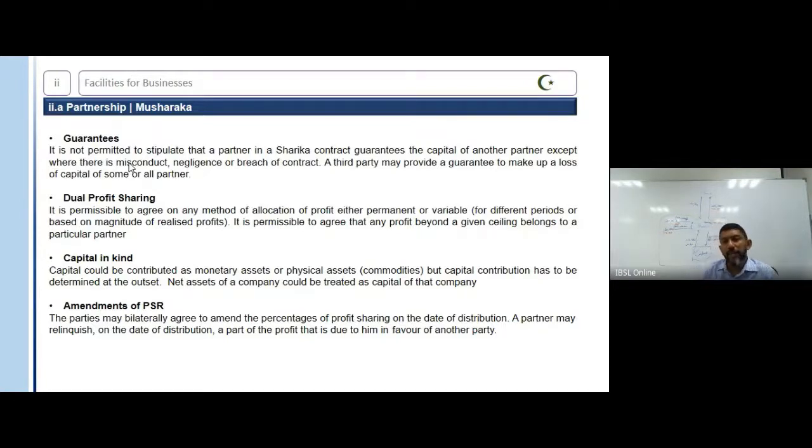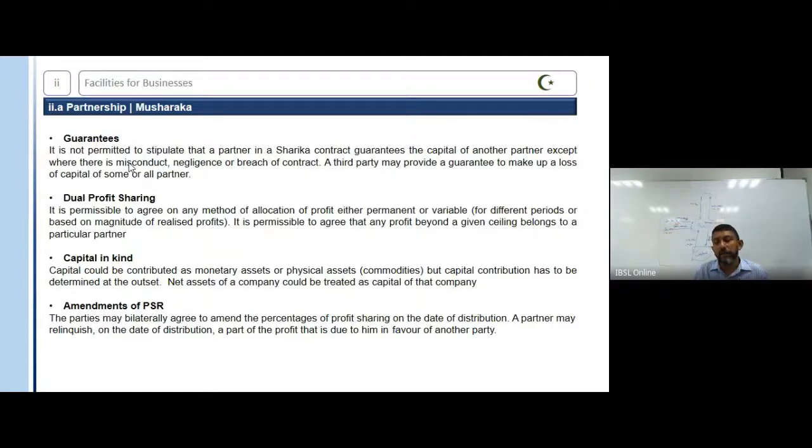So a dual profit sharing system means agreeing to different profit sharing ratios based on the quantum or magnitude of the profits. Two profit sharing ratios can be agreed so that the majority of profits go to the customer and the bank gets back its real required rate of return on this product.